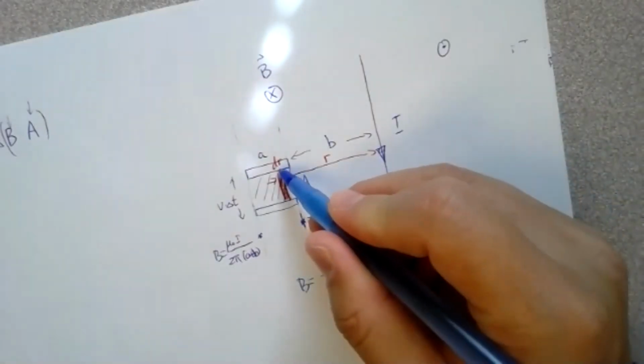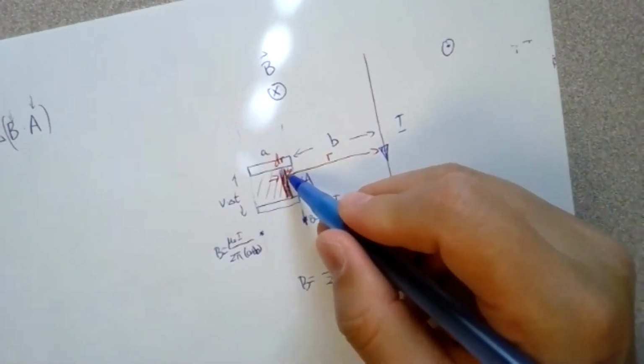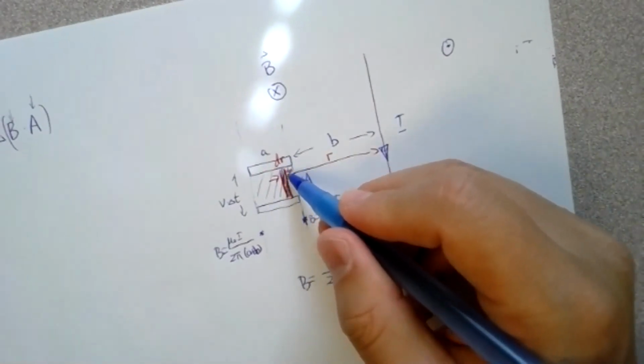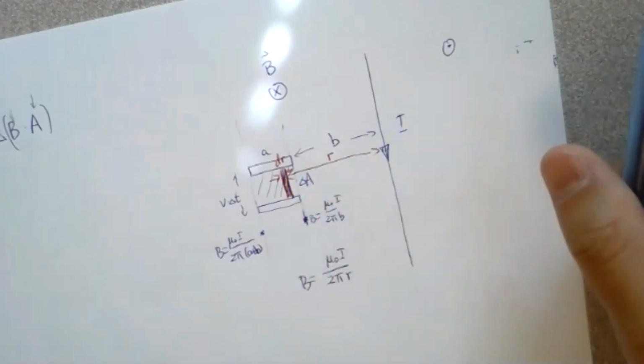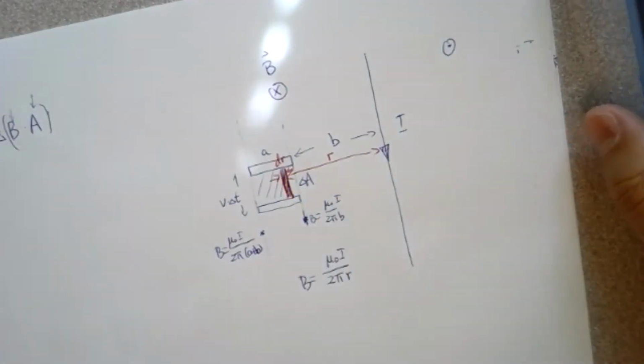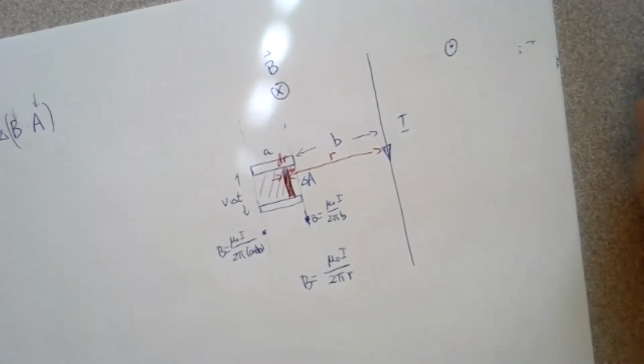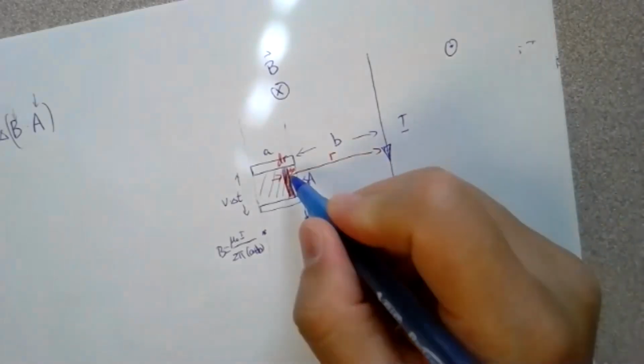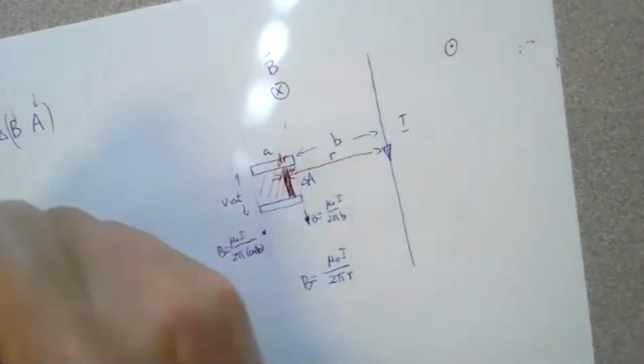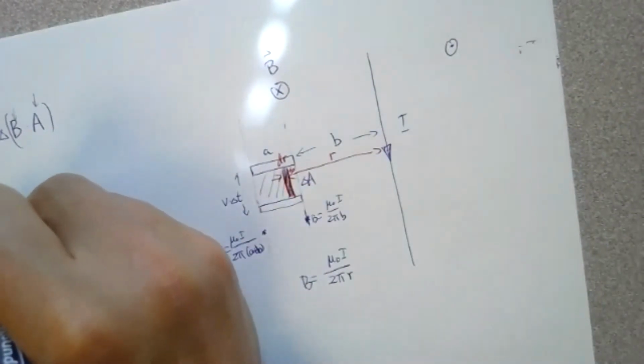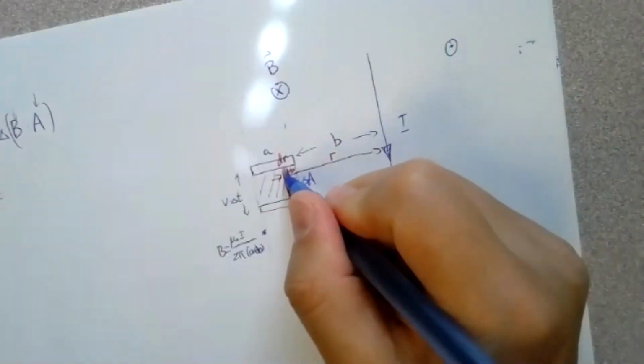For this small thickness, we can assume the B field to be constant. So B times the change of the area here. So for the flux over here, we will say this is d flux, for a small area.